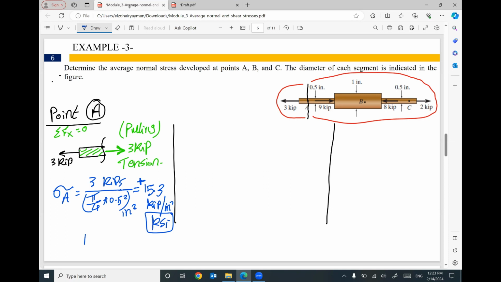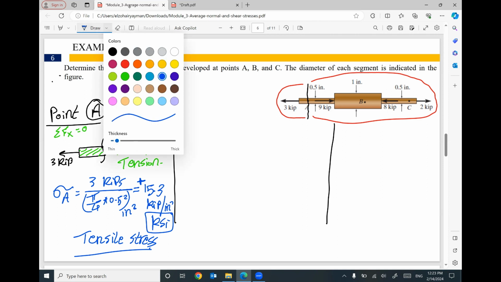And this stress is tensile stress. Now for the second point, which is point B.